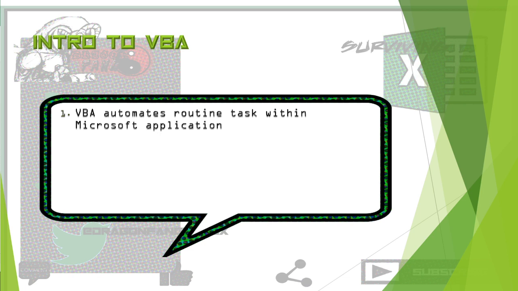VBA basically allows a user to automate Microsoft applications. So normally a user can record their actions and then play it back where it'll basically perform the same operations that you recorded. Now, with a little bit more practice, you can customize it to do certain other operations that you might want.